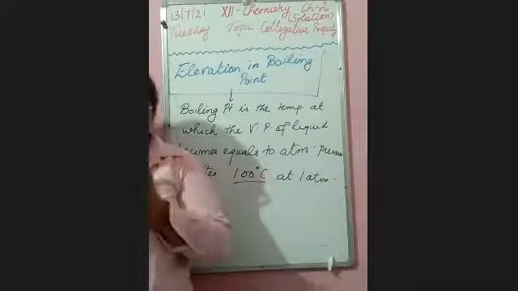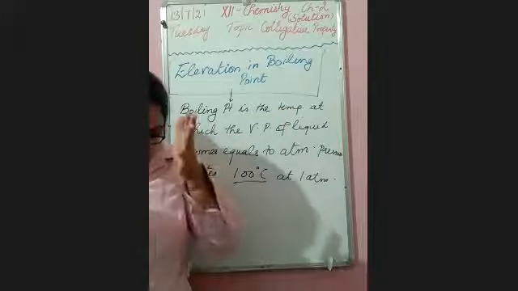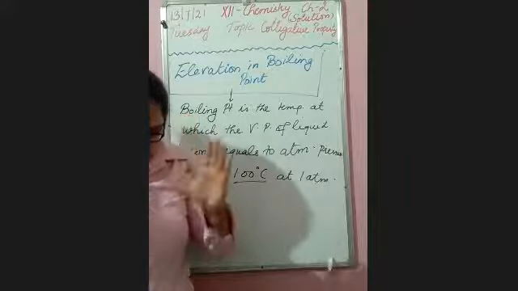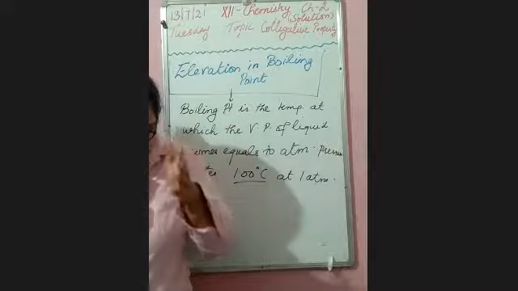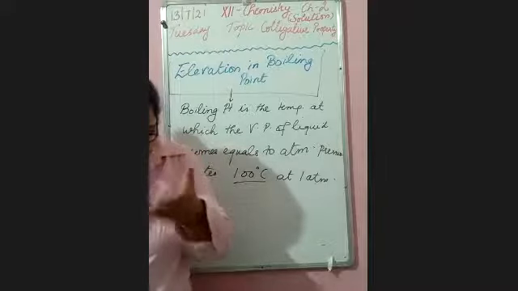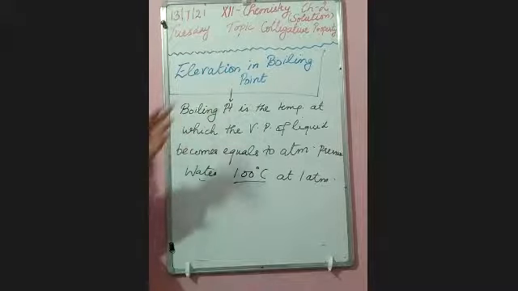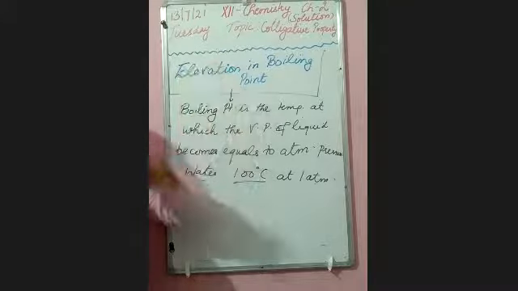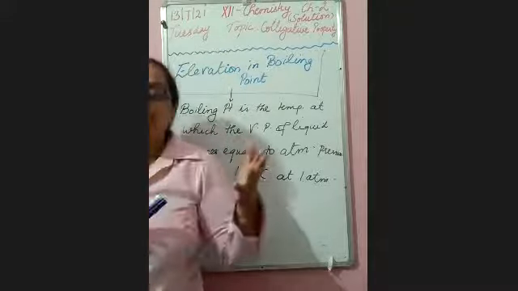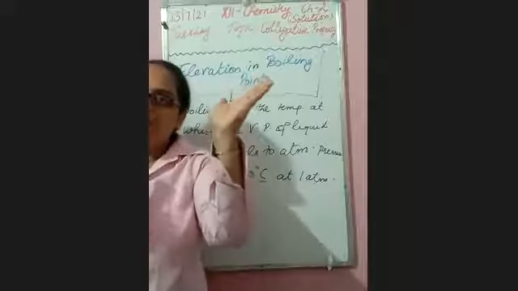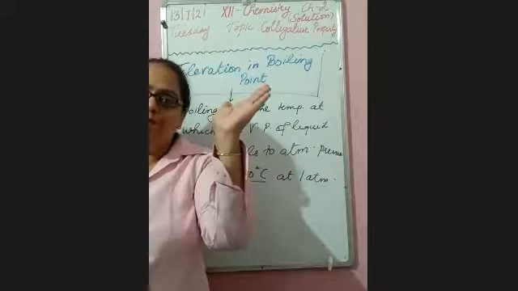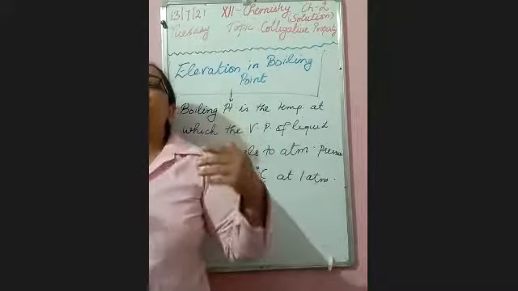Because the boiling point of solution is always higher than that of pure solvent. Why? Because the vapor pressure of solution is always less than that of pure solvent, and the more the vapor pressure, the lower is the boiling point, or vice versa.